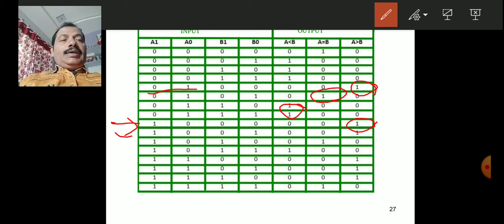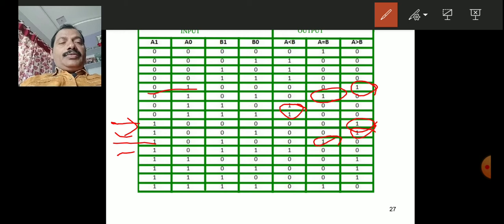So A greater than B, this is also A greater than B. Next combination, A is 1 0, B is 1 0, A equals B. Similarly next combination, A equals 1 0, B equals 1 1, A less than B.